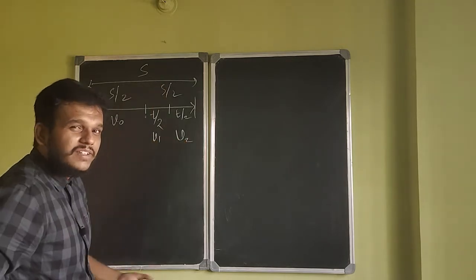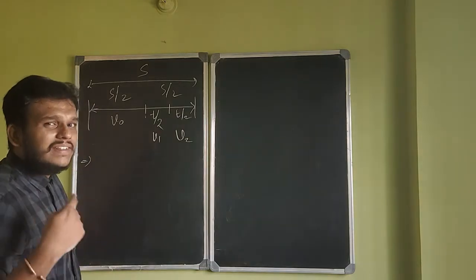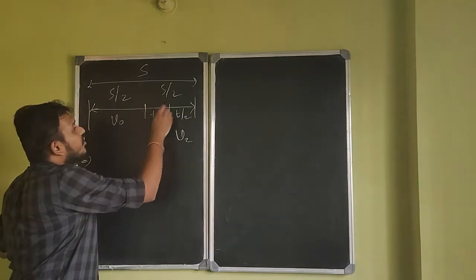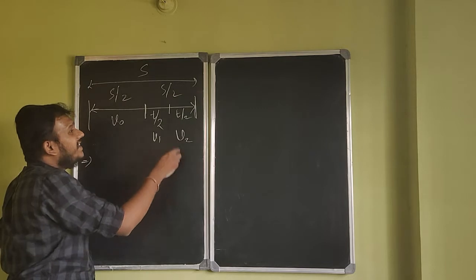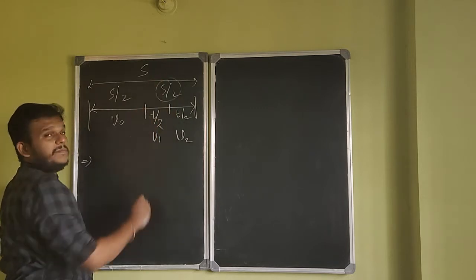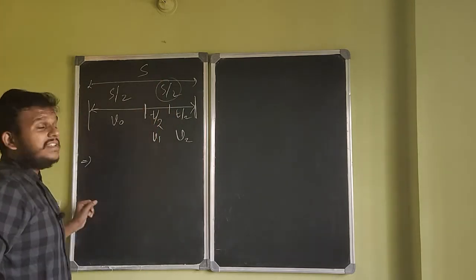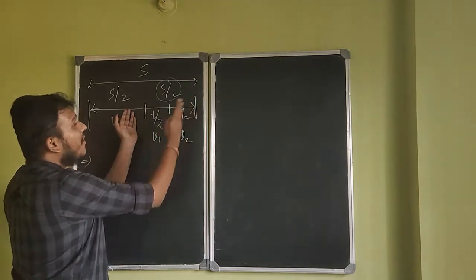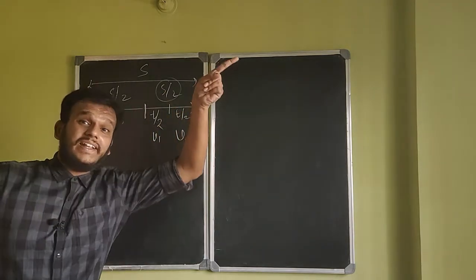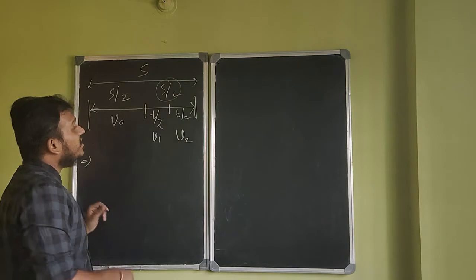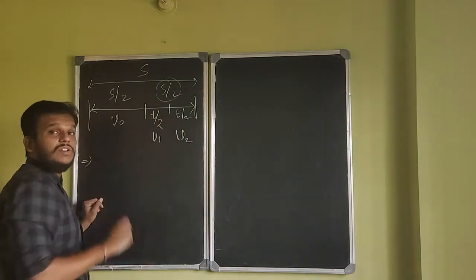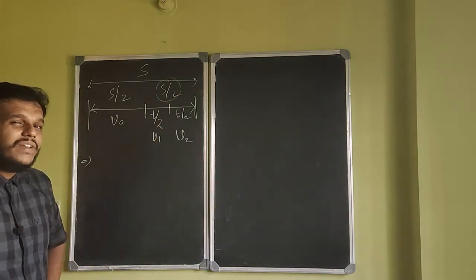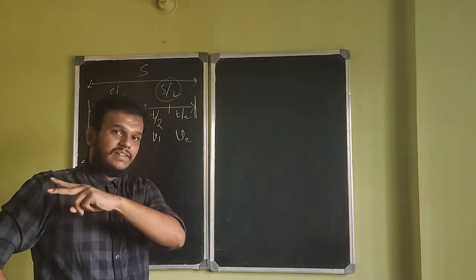But why this problem is a little more complicated than just that is because you don't know what the velocity is in the remaining half of the displacement. So what you can do is, and looks like the remaining half displacement is in the first category. What's the first category? When the entire journey is divided in two equal intervals of time. So this is actually a combination of those two categories.